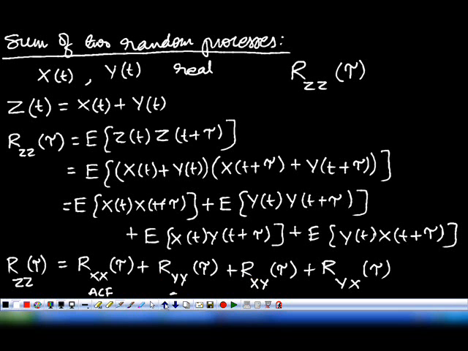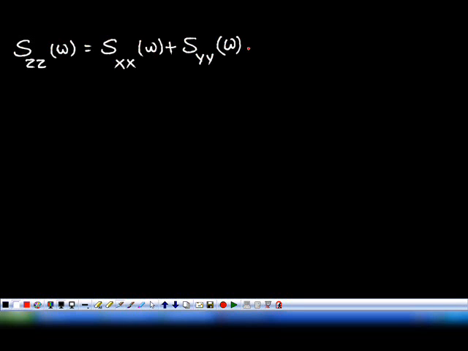Now take the Fourier transformation on both sides and see what you will get. If you let Szz of omega be the Fourier transform of Rzz of tau, it is equivalent to the power spectral density of x of t, the power spectral density of y of t, and the remaining two terms.